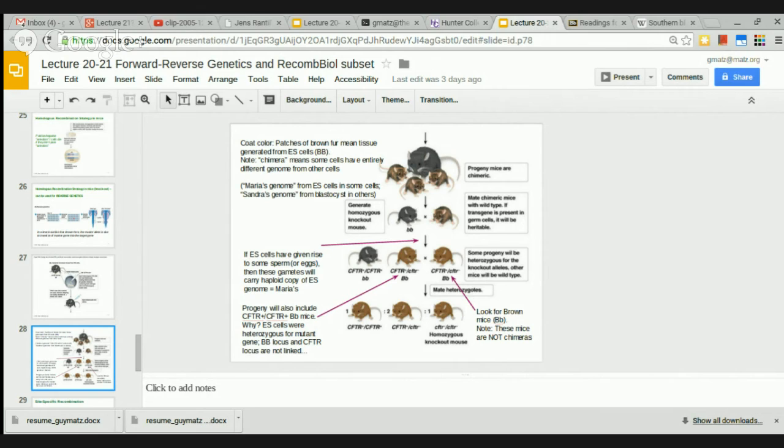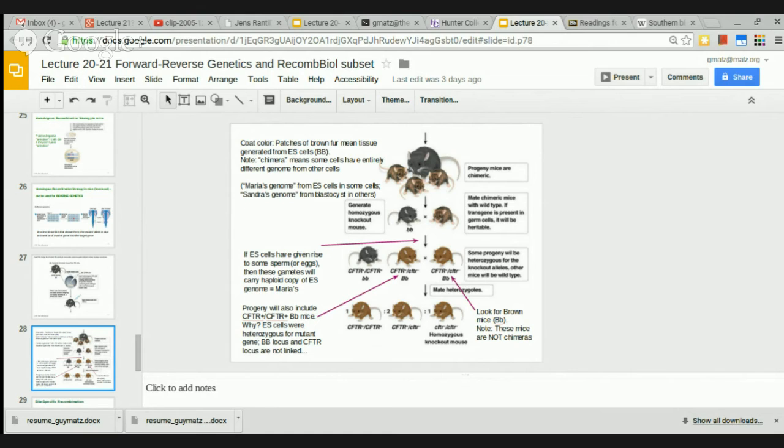Okay, so what you're going to look for when you do this mating is brown progeny, which is going to tell you that for sure you have picked up sperm from the ES cells that have the ES genes in them, okay? What you see in this diagram is two such mice that are brown and that are heterozygous for this gene.